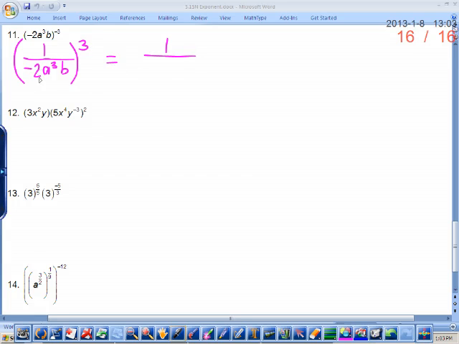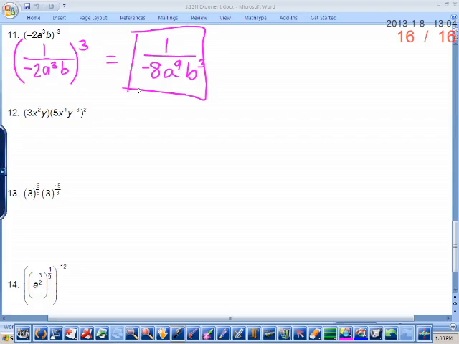Yeah, distribute it. So -2 cubed is -8. -2 times -2 is +4. Times -2 is -8. A cubed cubed, a to the 9th. And then we would have b cubed. I have no negative exponents, so I'm good to go.